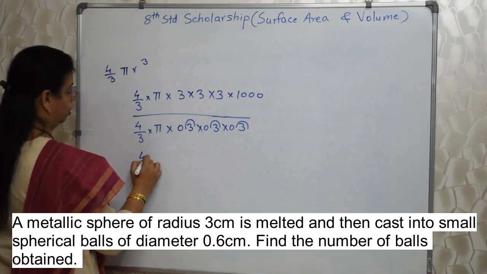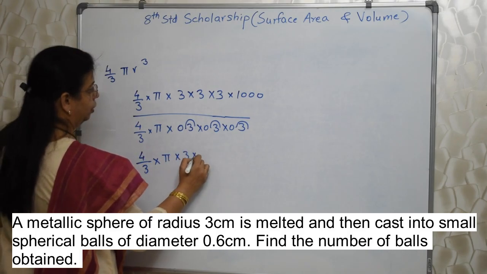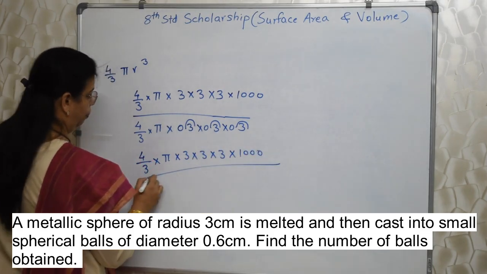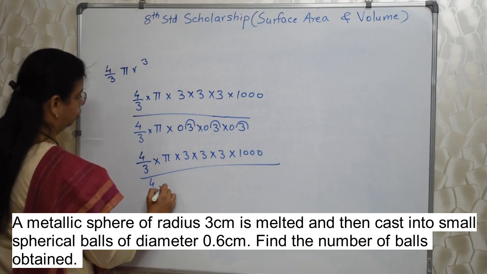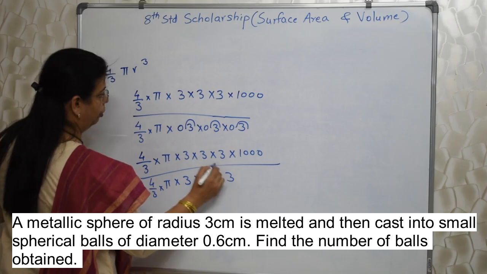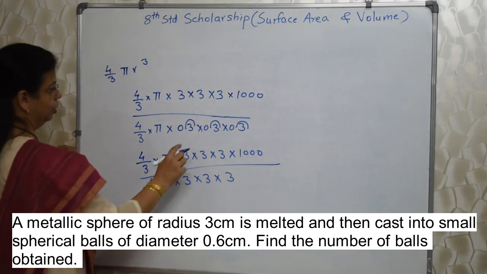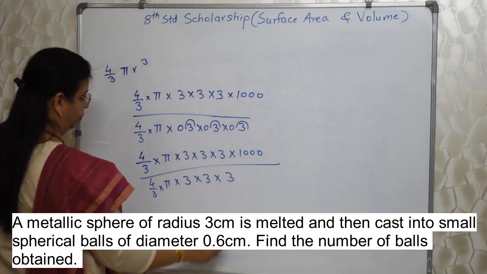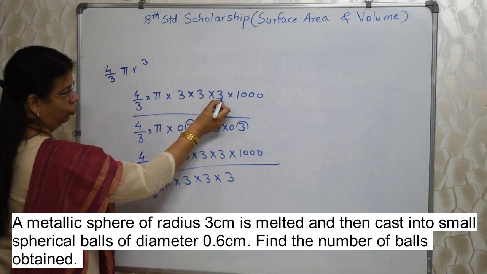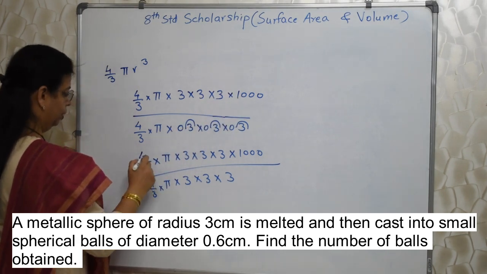So our new numbers will look like this: 3 into 3 into 3 into 1000 upon 4 upon 3 into pi into 3. Now these also have become 3 because we have shifted our decimal to the right side by one place. So 3 places, so 3 zeros here. I could have just added 3 zeros to these 3 also, but I have written it separately as 1000.